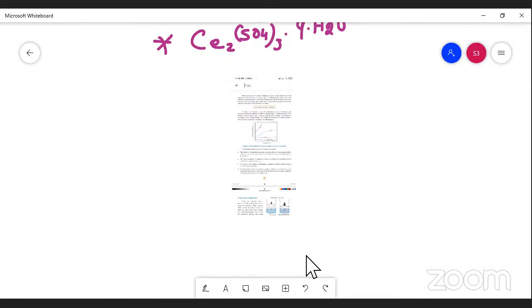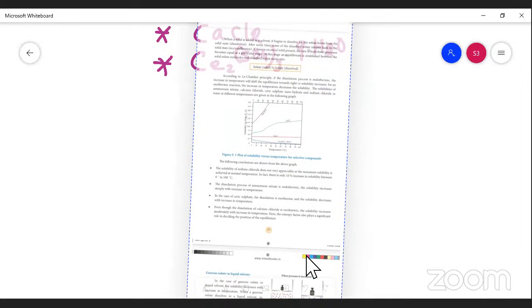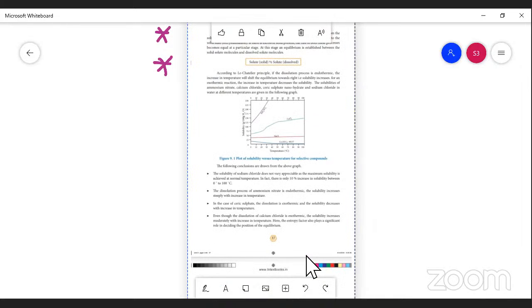If we look at the graph, this is solubility versus temperature. The x-axis is temperature and the y-axis is solubility, and the solvent is water, 100 grams of water is taken.